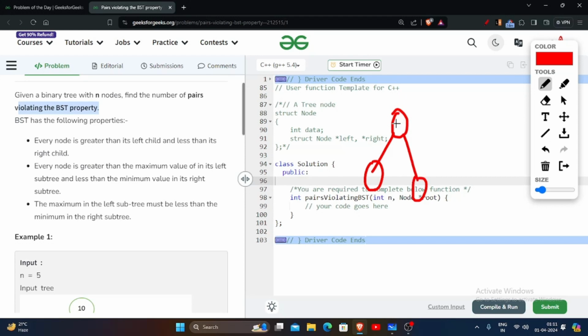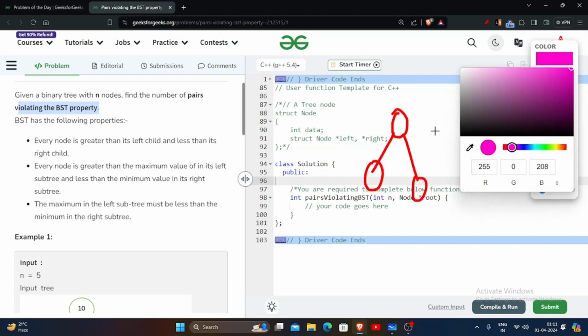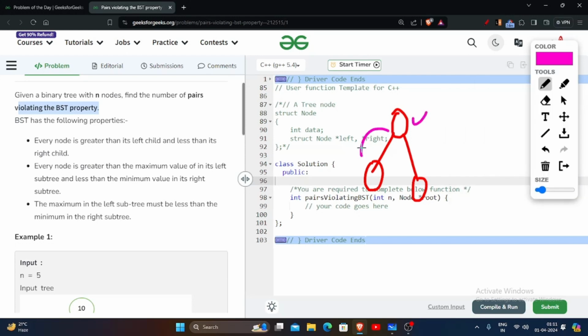And the property of BST is, let's say I am at this node, then the left children of this node are smaller than this current node, and the right children of this node are larger than the current.